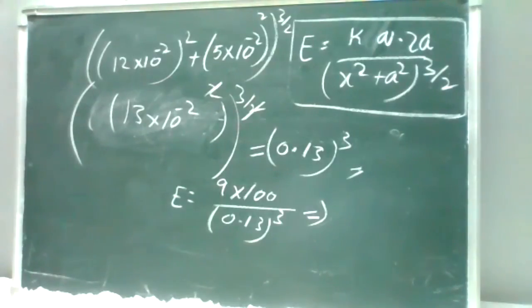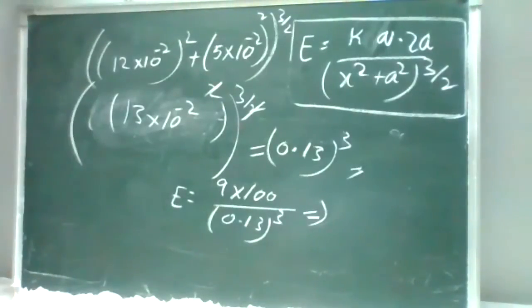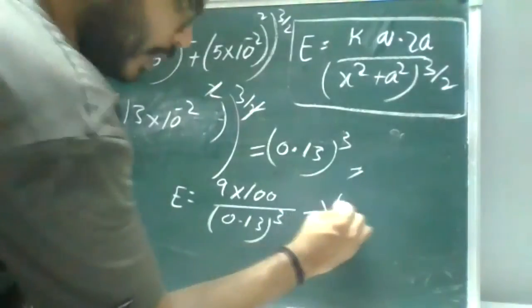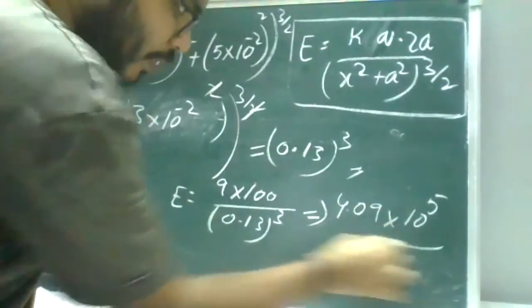Sir. Okay, so the answer is around 4.09 into 10 power 5, right?